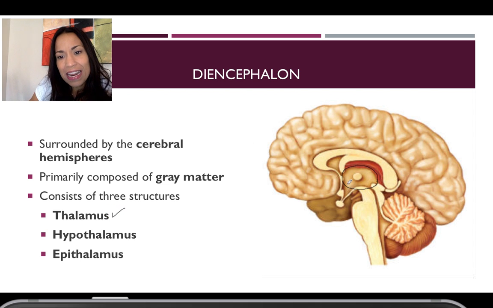Then inferior to that, only this triangle in here, this is the hypothalamus. Thalamus, hypothalamus. And not very well seen in here, but this area in here, this is the epithalamus.